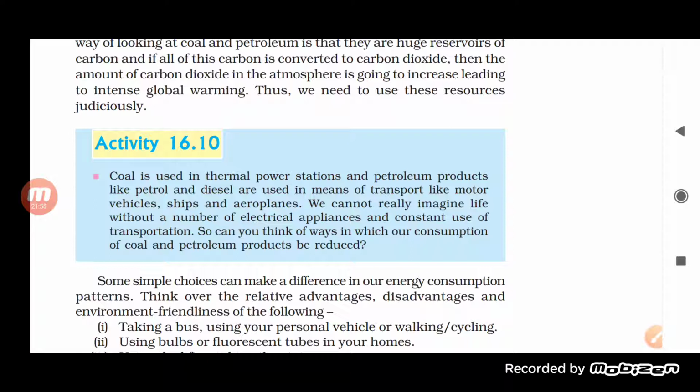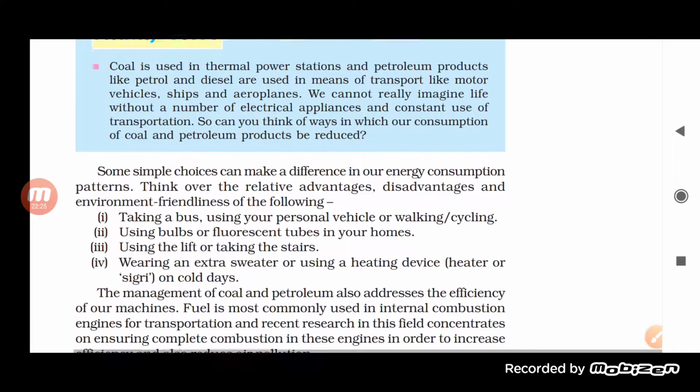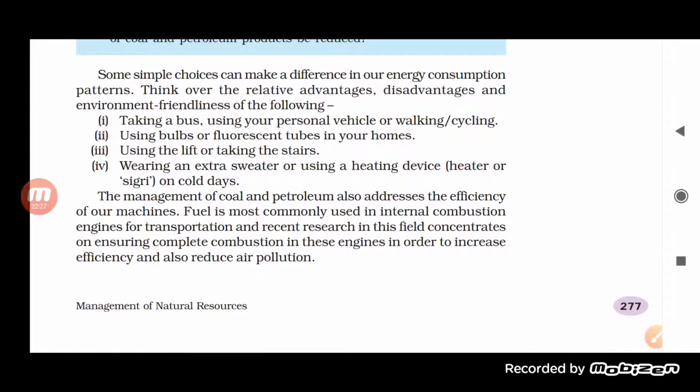But if the carbon content present in it is used completely, then it releases carbon dioxide. Now this carbon dioxide is also responsible for intense heating of the earth, and that will result in global warming. So we can say here that global warming is caused by carbon dioxide. So we must use it properly so that it does not affect our environment.